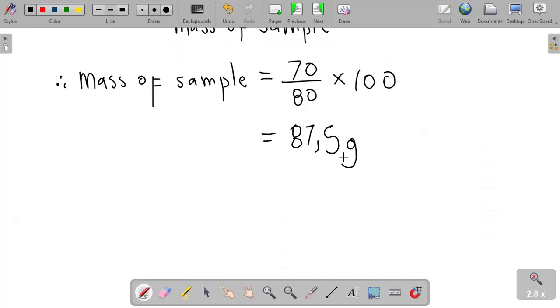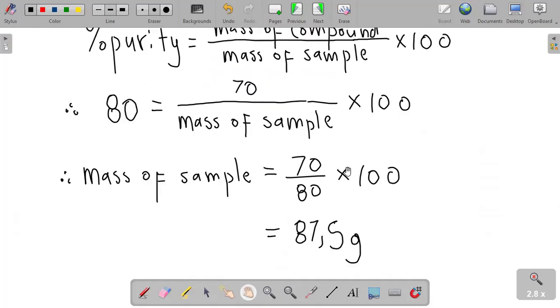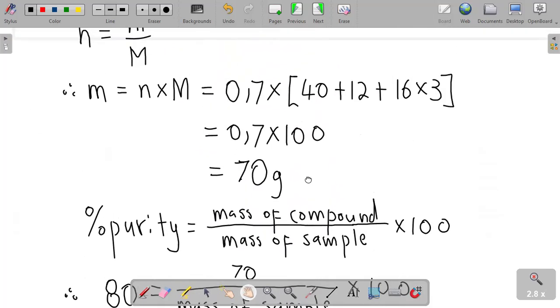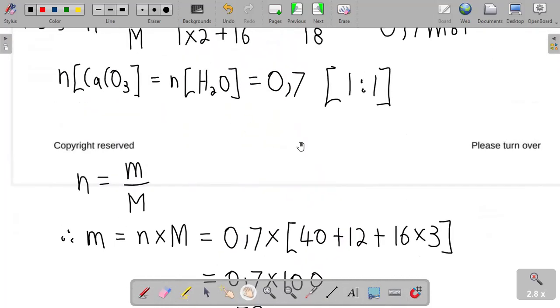This is the mass of the sample that should be used in order to get that mass of 70, which is going to give us the 0.7 moles of H2O.